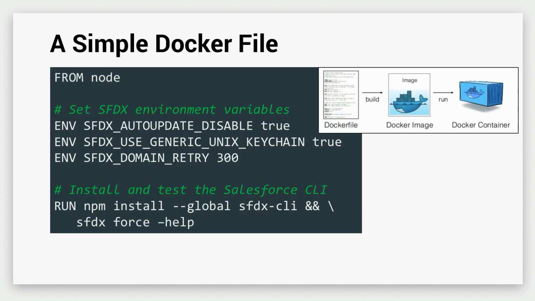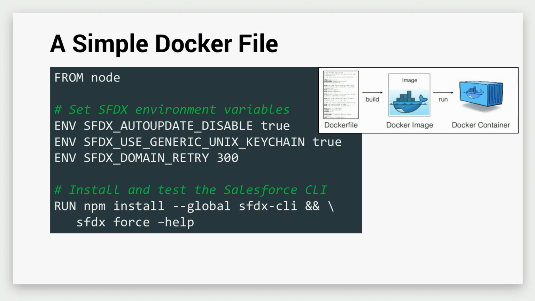So, a simple Dockerfile. This is actually not even the simplest one, but the simple version. At the beginning, it says FROM node. Every Dockerfile starts with FROM something, because Docker builds on some other pre-existing base, like Ubuntu or something like that. Here, FROM node, and then I'm setting 3 environment variables.